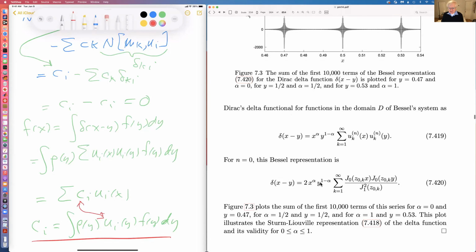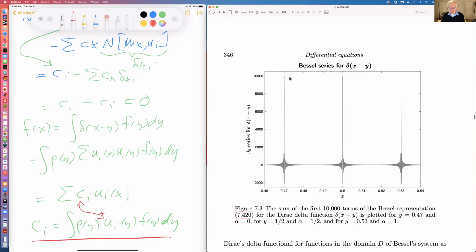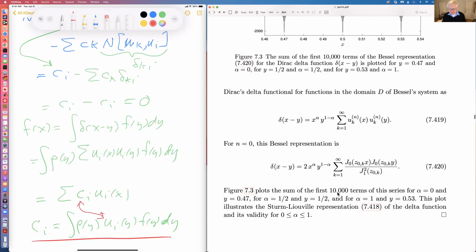And what you see is that the sum gives you a very good representation of the delta function. But of course, it's only the first 10,000 terms. You're supposed to sum to infinity. And then what happens is that these oscillations become tighter and smaller, and this peak goes higher and higher, and it converges to something that's really a delta function.